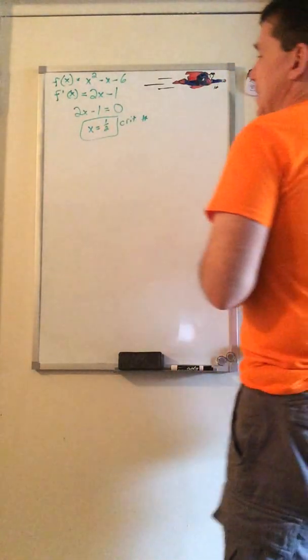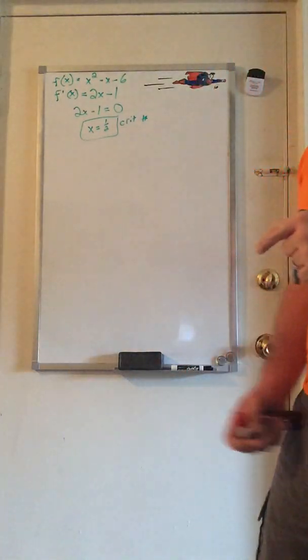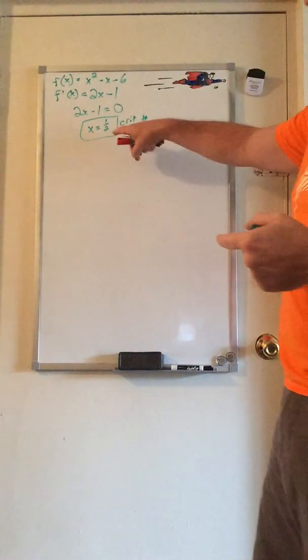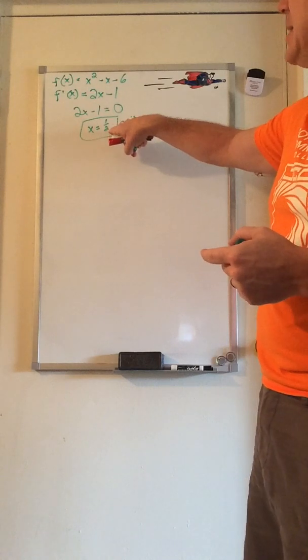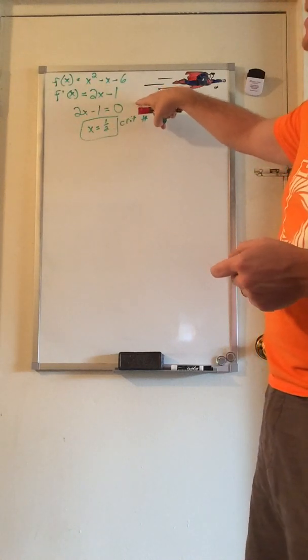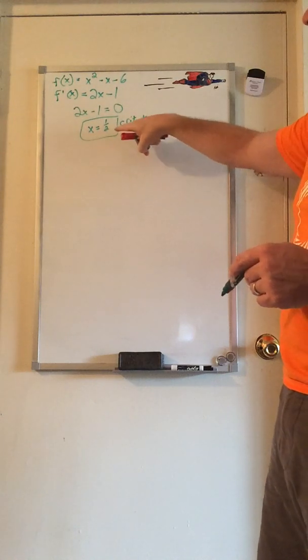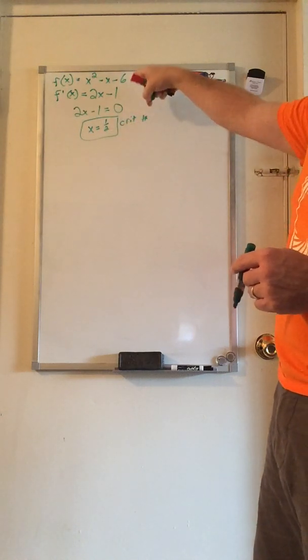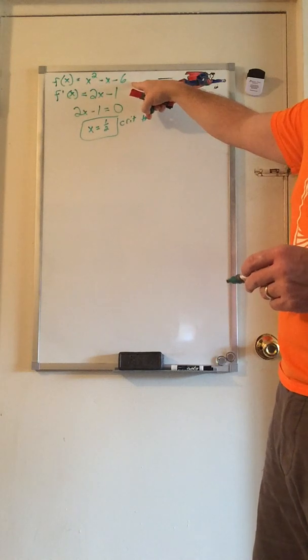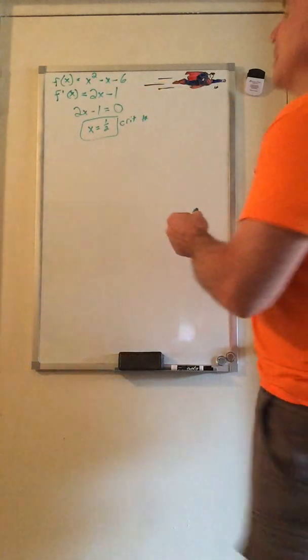If I actually want to find the point associated with it, well, there's a trick here. Just keep in mind, this is 1/2. Don't plug it into the derivative here. You'll get 0. If I want to graph this, I plug the x that I found into my original function, because that's where the points on the graph come from.